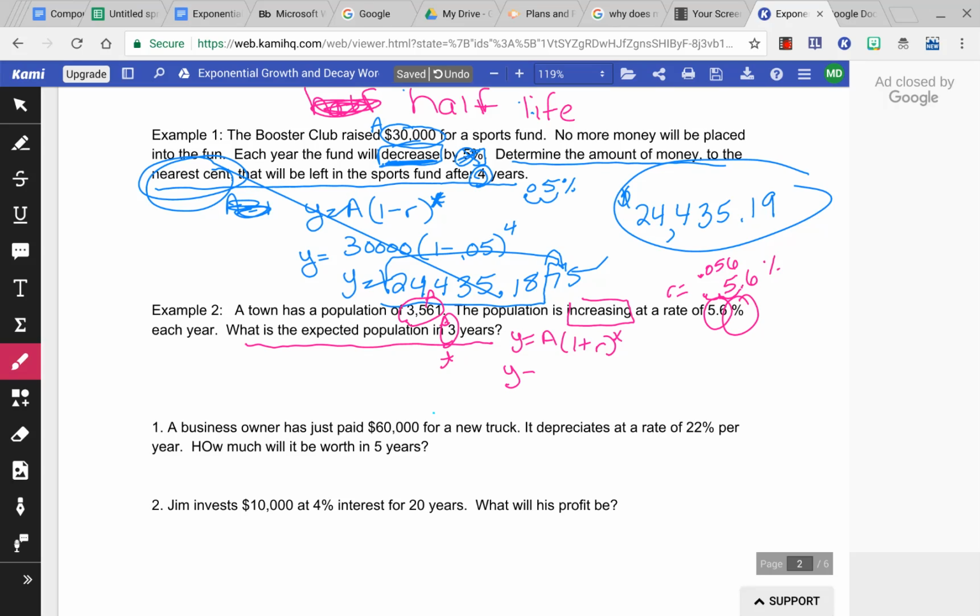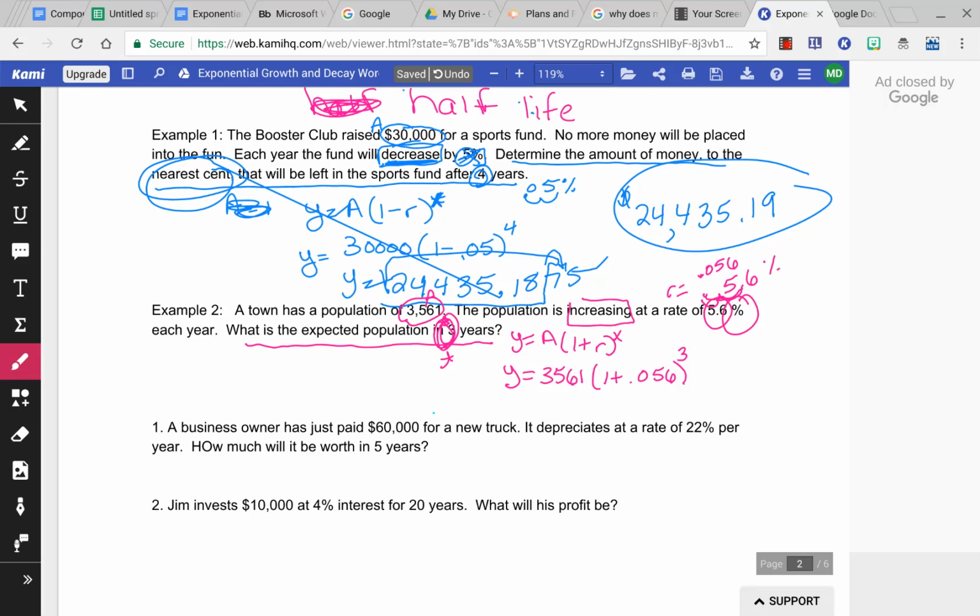So therefore I start out with 3,561, and I have 1 plus r. R is 0.056 because I've moved the decimal from a percent to a decimal. And I know that it's raised to the third because that was the time in years, okay? Calculator problem, everybody plug this in. My number should get bigger than the original because it is increasing.